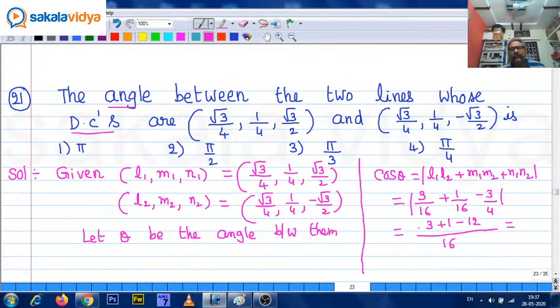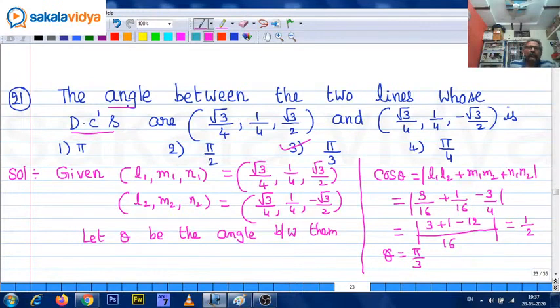This will be 8 by 16, that is 1 by 2. Obviously theta is equal to 60 degrees, pi by 3. So the third option is the right option.